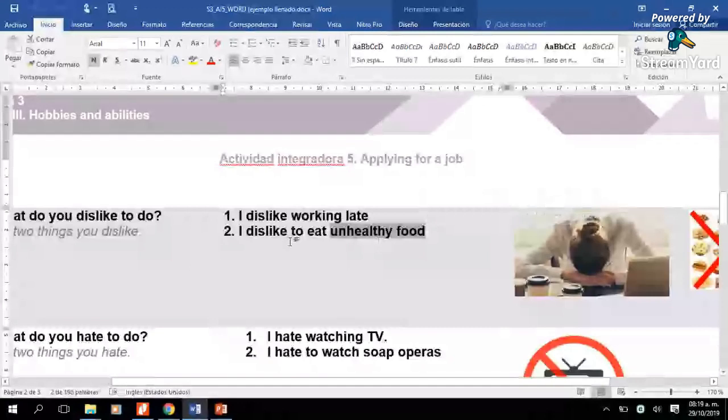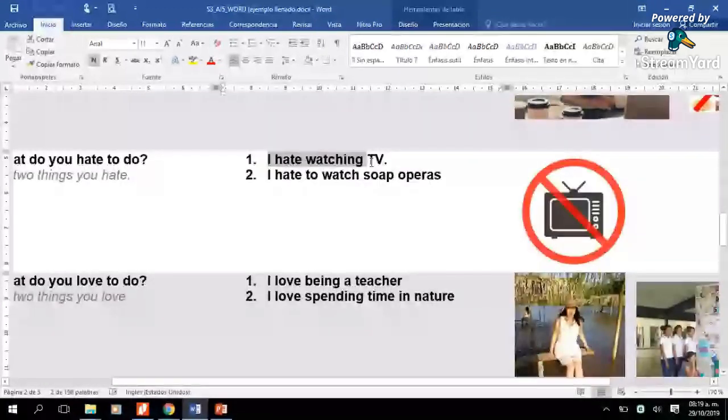Por ejemplo, aquí tenemos otro ejemplo. I hate watching TV. Odio ver televisión en general. Pero si yo quiero hablar de un programa en particular que no me gusta, como son las novelas, I hate to watch soap operas. No me gusta o odio ver novelas.